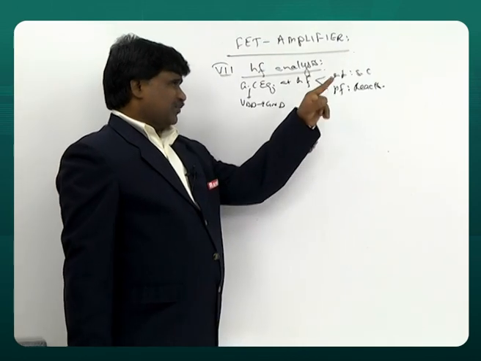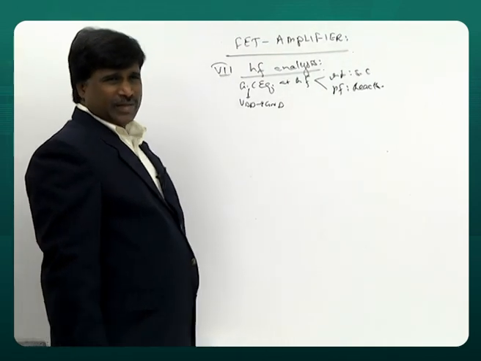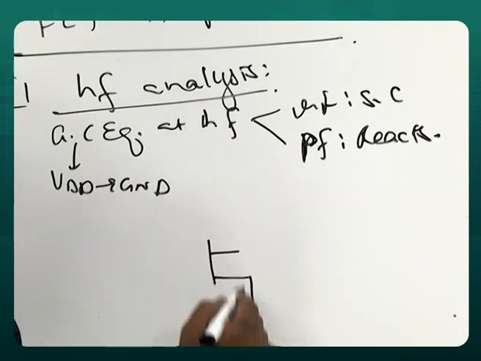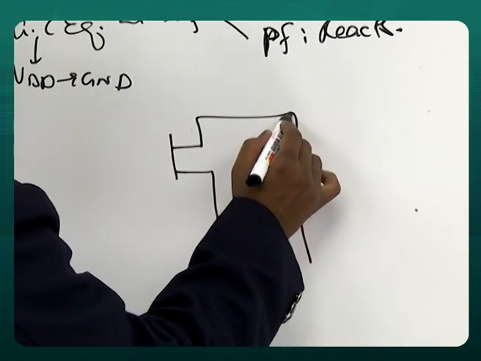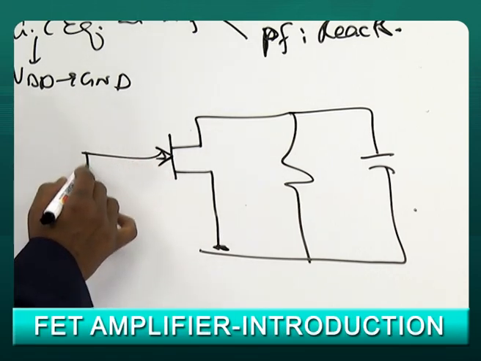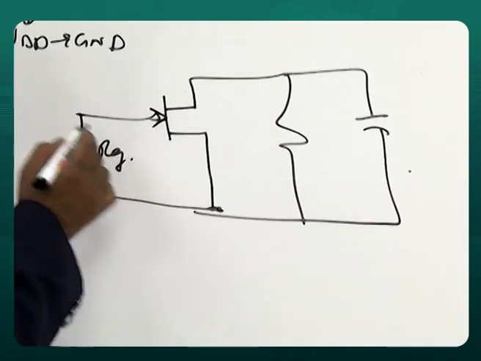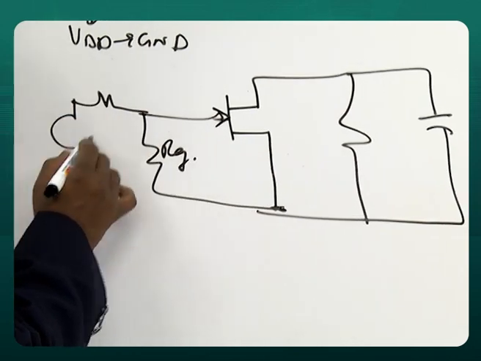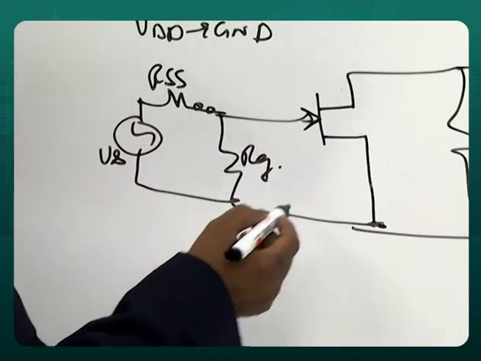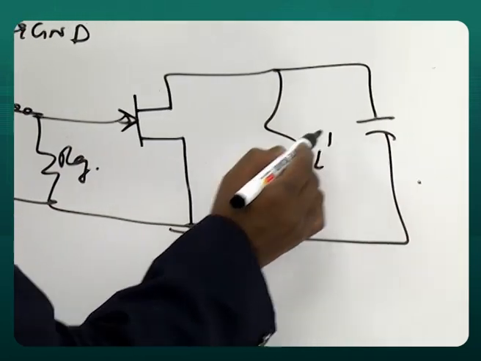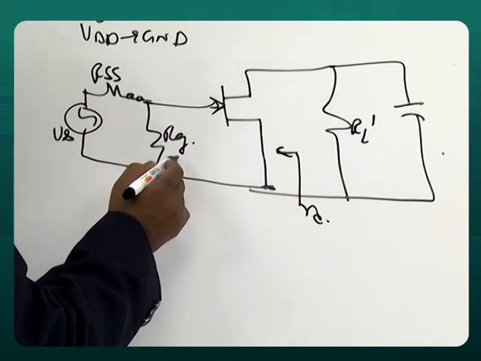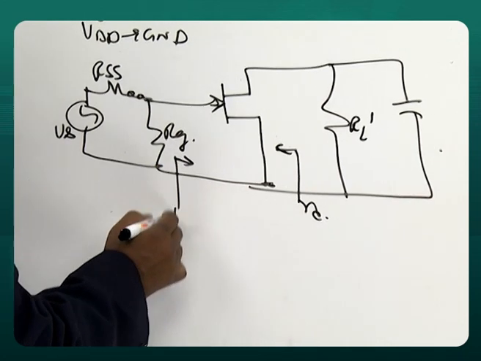Supply is grounded, microfarad short, picofarad reacts. Shorted, shorted. No capacitor here, RL dash, small RD, RI dash.